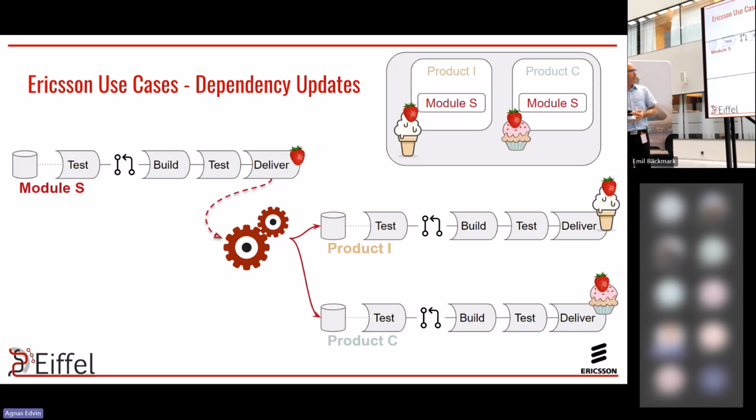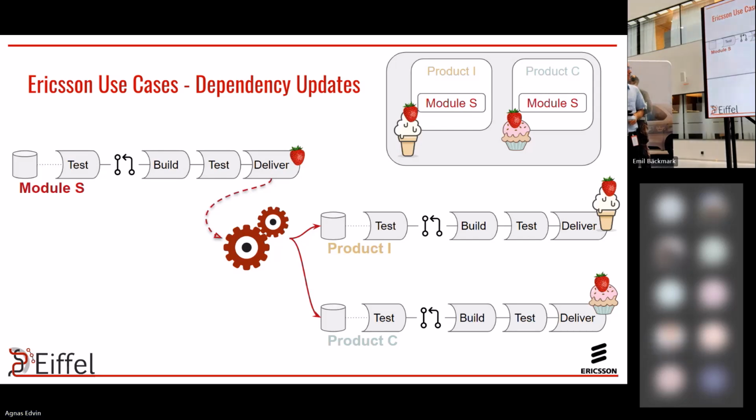So we created a plugin to our CI solution that we are working on, a dependency update plugin, which can automatically listen to these events and update the version files or the product information in those higher order products, and deliver them as new source code changes in both the ice cream and the cupcake case.